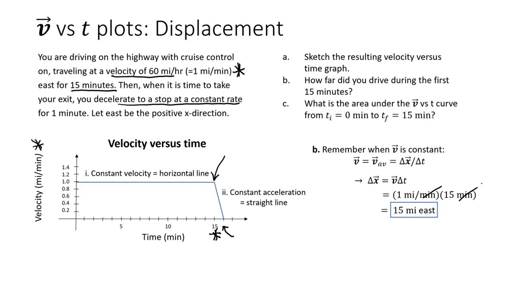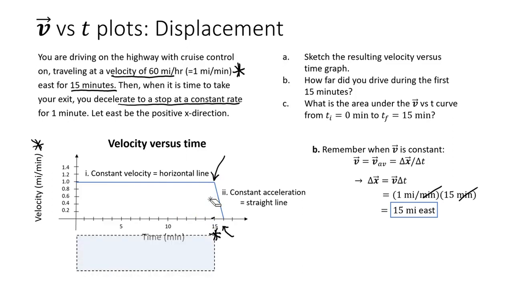So how far did you drive during those first 15 minutes? Now we want to look at our graph, and we want to know what is the area under the v versus t curve from t initial equals 0 minutes to t final equals 15 minutes. So what is the area under the curve all the way along here from 0 up until 15? And so we can actually go ahead and calculate that out.